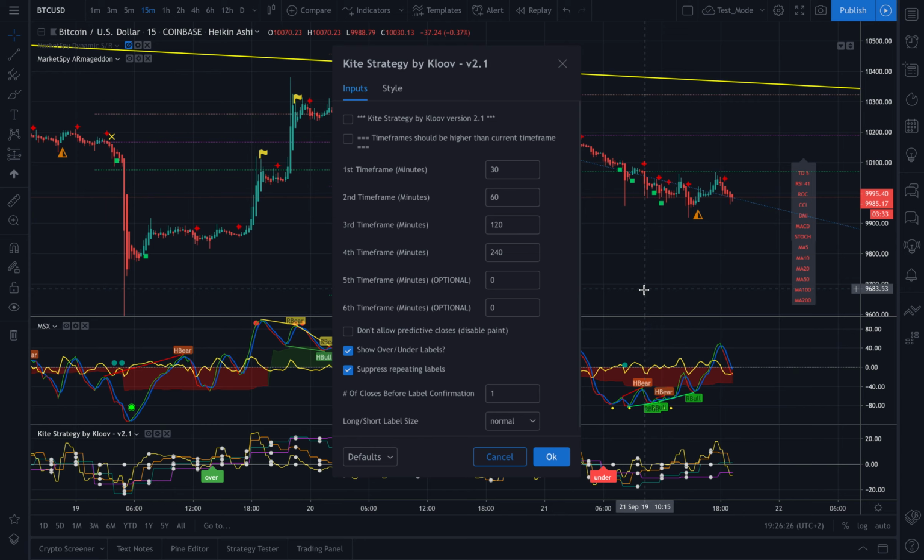And this is a big difference to our Markets by X, because Markets by X, as I already mentioned, is counter trend. This Kite strategy or Kite indicator, as you can call it, is a trend following indicator.